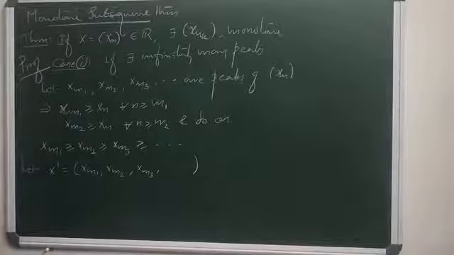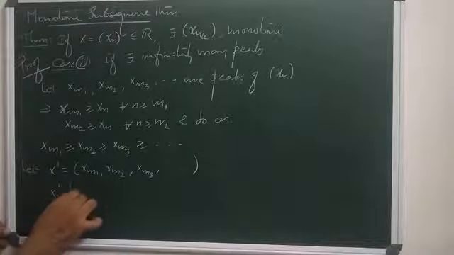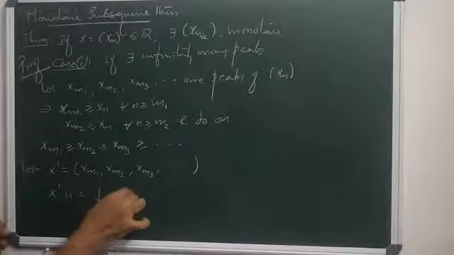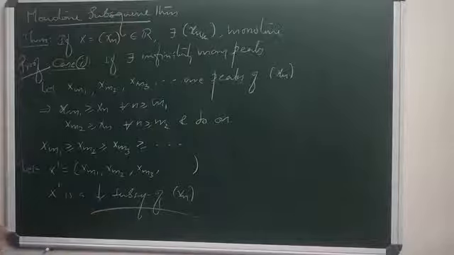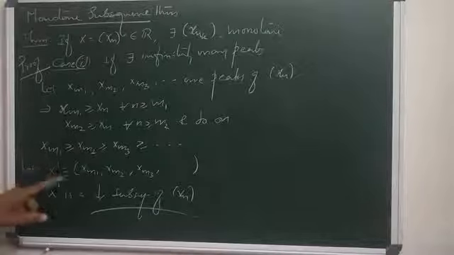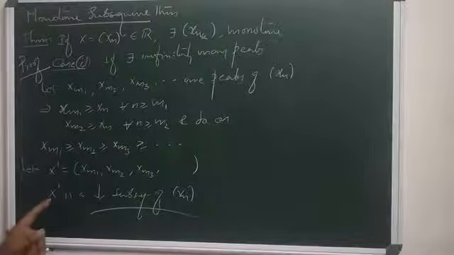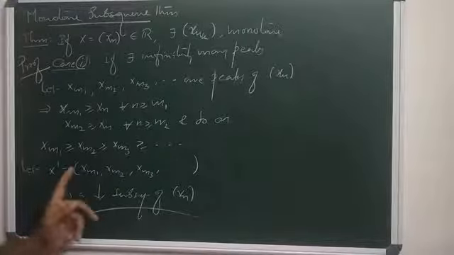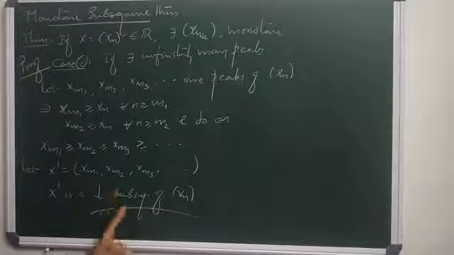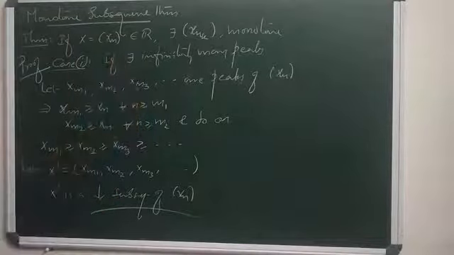Then clearly, what is this x dash? X dash is a decreasing subsequence of xn, so it is monotone. So x has a decreasing subsequence, let it be x dash, which is a monotonically decreasing subsequence of xn.